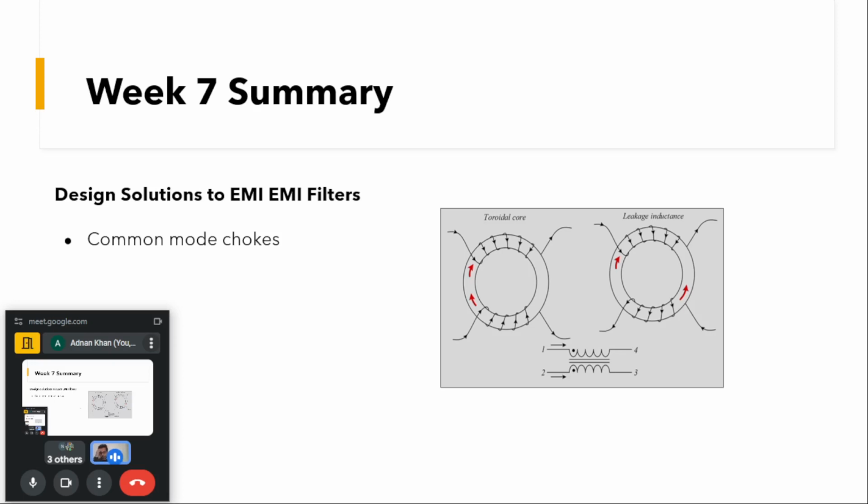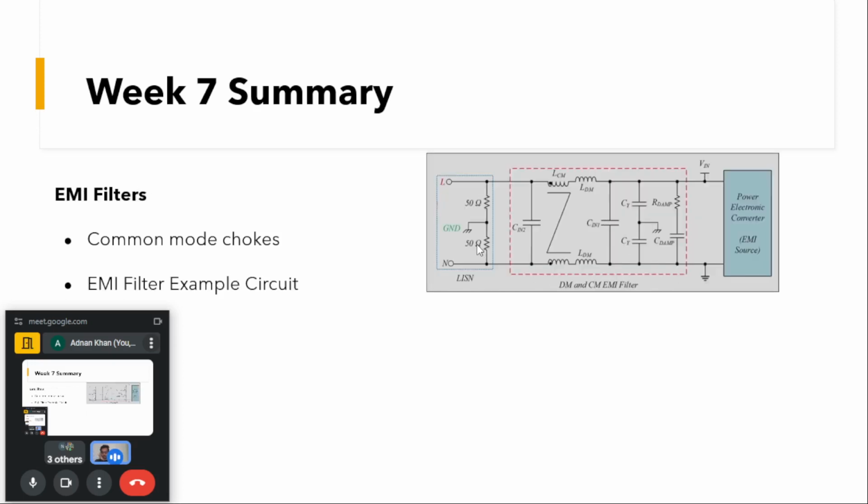The toroidal core thereby limits these common mode noises. This was about the common mode choke, how it's implemented, and how it limits this EMI.